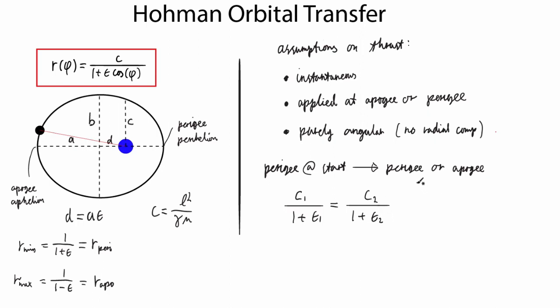And we're also going to say that the thrust involves a change in velocity that we're going to parameterize with a coefficient lambda, so that we go from some V1 here to some V2 that are related such that V2 equals lambda times V1.